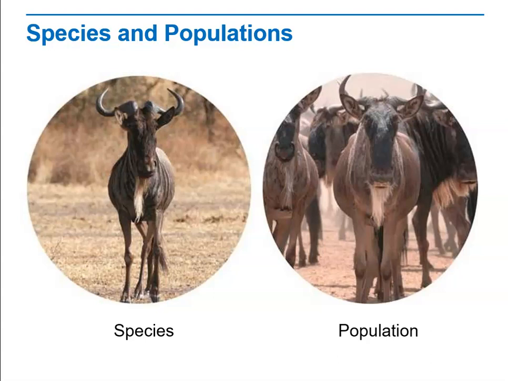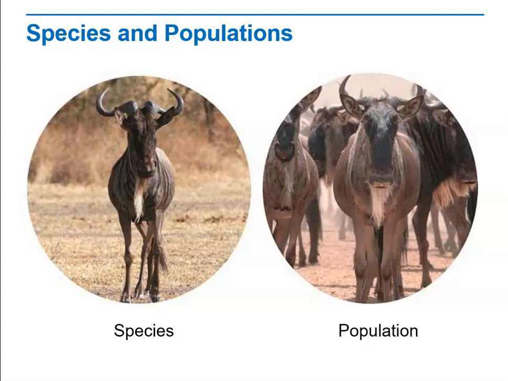A population is a group of individuals that belong to the same species and live in the same area. So there are two components that make up a population, two things that we need to consider. In a population, everything is the same species, and they live in the same area. Think about some examples of populations.